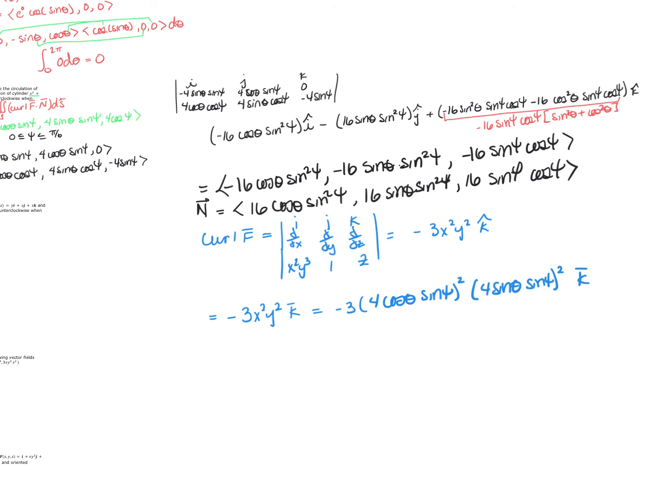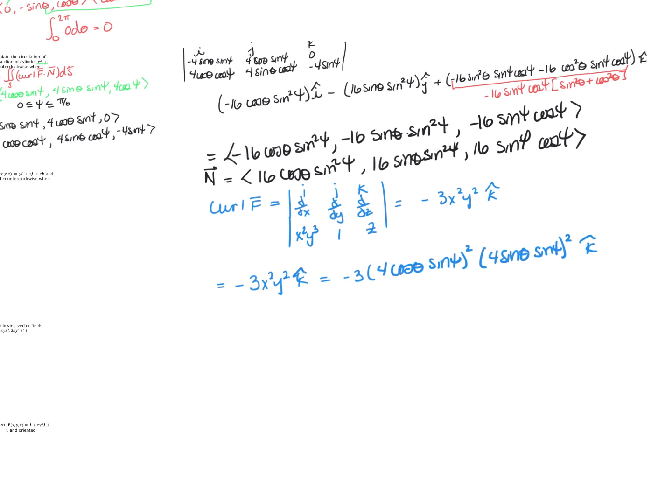It's a hat, not a bar. So k hat, so that's my vector, which is going to be 0, 0. And I'm going to square 4 twice, so that's 16 times negative 3, which gives me negative 768.